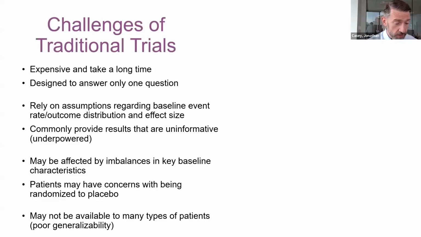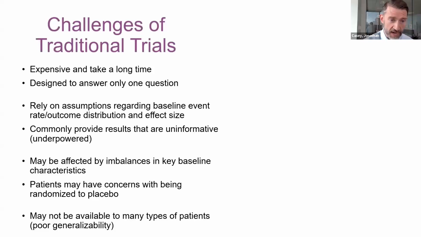I think everyone on the call is or should be familiar with the challenges historically of traditional trials. They're expensive and take a long time. And for all of that effort, they're only designed to answer one question. They rely on assumptions regarding baseline event rates, outcome distributions, and effect sizes. And because of errors in some of those estimates, they commonly provide results that are uninformative because they're underpowered.